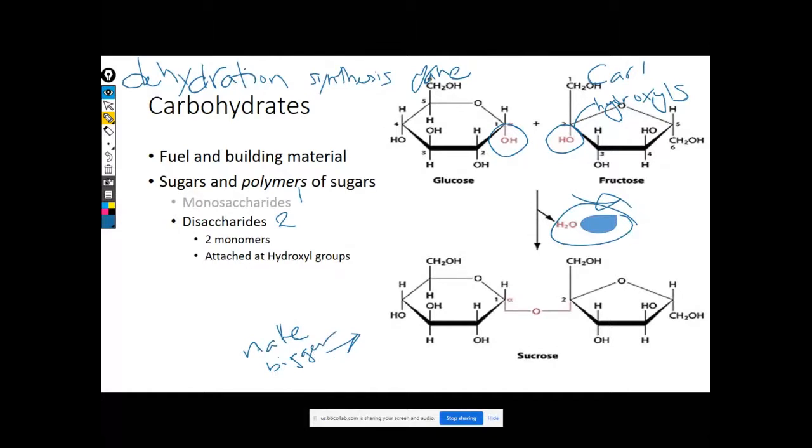Or you can remember it because dehydration synthesis has two words, and I'm starting with two compounds. So you've got lots of tools in your toolbox to help remember these things.